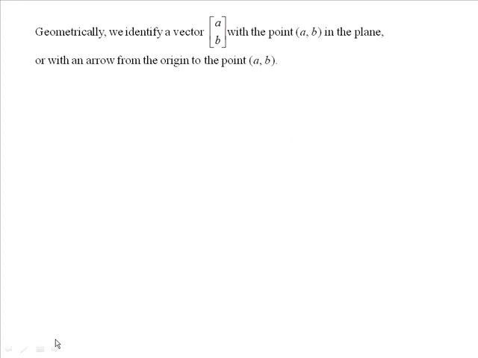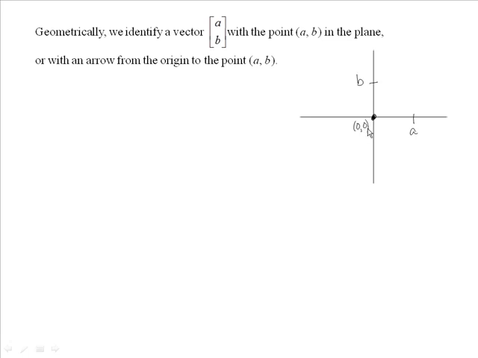Geometrically, we identify a vector (a, b) with the point (a, b) in the plane, or with an arrow from the origin to the point (a, b). So if we're looking here at a graph, we'll label our axes. We have a here and we have b here. And then this here is the origin, the point 0, 0.